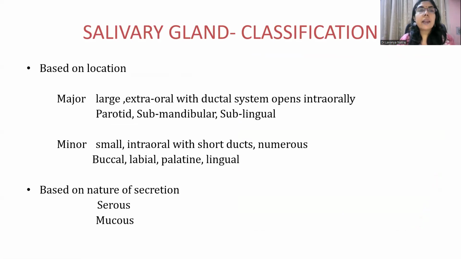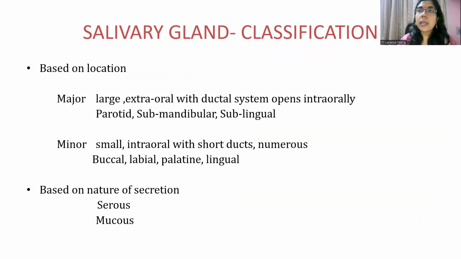And these acini are the secretory units of the salivary gland. Classification of salivary gland: based on the location, they are classified into major and minor salivary glands. The major ones are large in size. They are situated extraorally with a ductal system that opens intraorally.